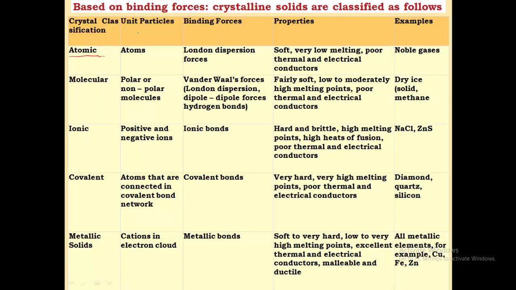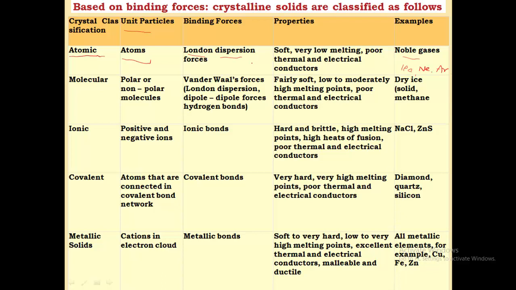That means the constituent particles are atoms here, and the binding forces between them are London forces or dispersion forces. The properties are: soft, very low melting point, poor thermal and electrical conductors. Examples are noble gases like helium, neon, argon.